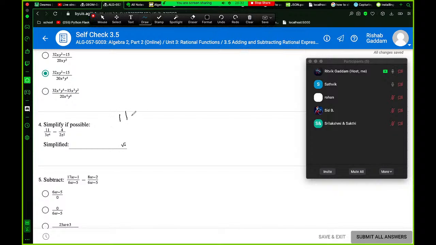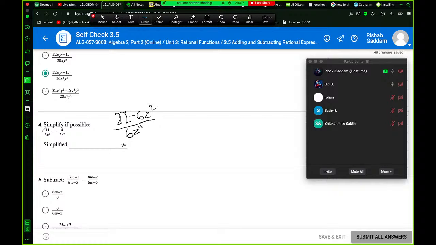So what did you get again? 11 minus 6z squared over 6z to the fourth. I'm pretty sure it's 6z to the fourth. And I'm pretty sure you had to multiply this side by 2. No, that's not right. Are you sure? Yeah.